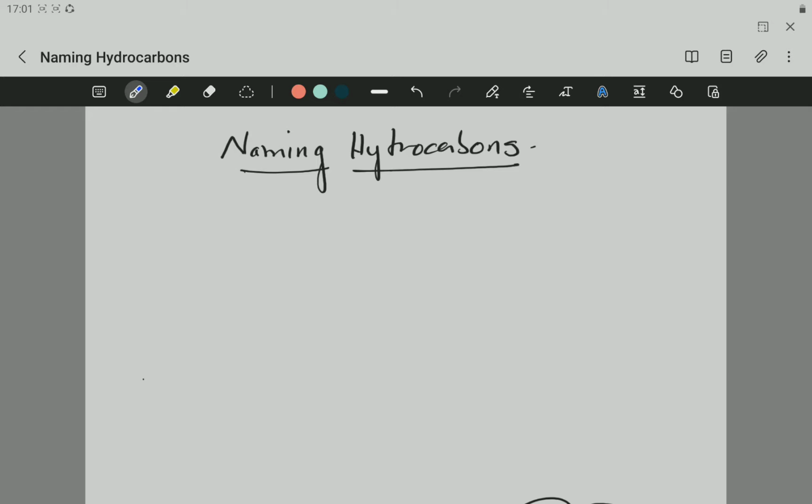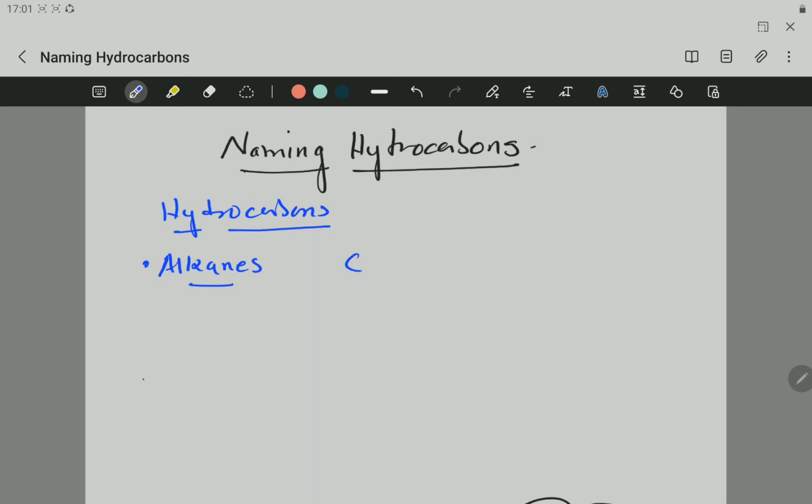So before we start, let's record what the hydrocarbons are. Let's take a quick look at hydrocarbons. We have three hydrocarbons. We have alkanes. Now, the alkanes don't have a functional group, but how do you identify alkanes?